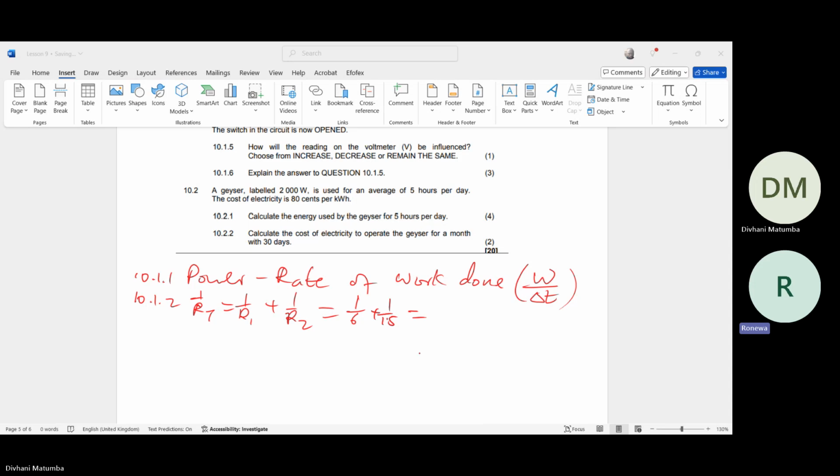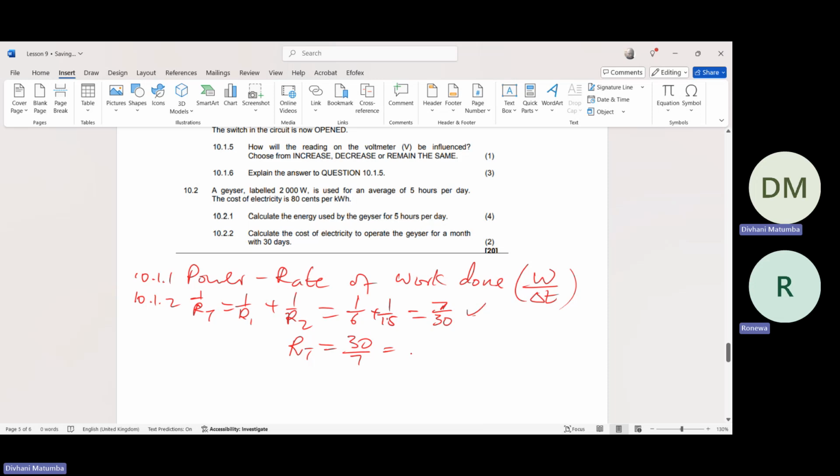The answer to 1 over 6 plus 1 over 15 is 7 over 30. But because it is 1 over RT, we're going to have to swap it around, and it's going to be 30 over 7.